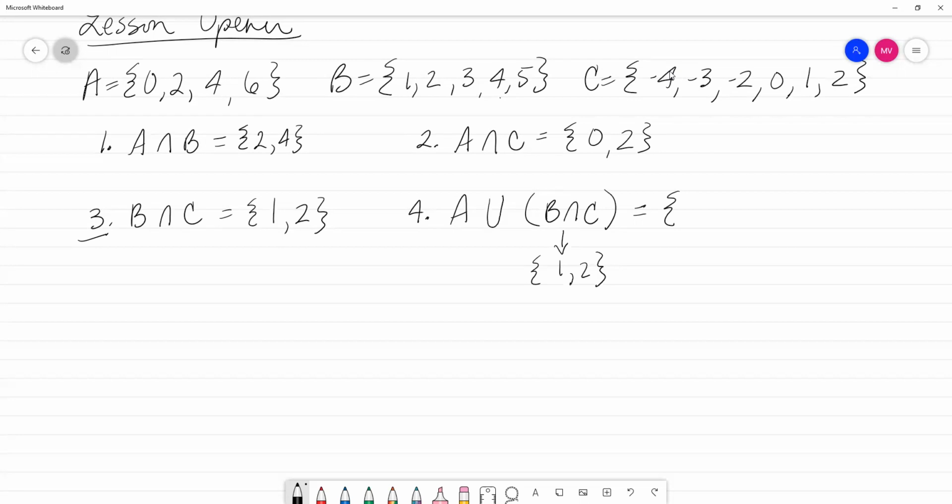Right. So between those two sets, A, which is 0, 2, 4, 6, and B intersect C, which is 1, 2, what would our new set look like? It's everything in both. Oh, so it'd be 0, 1, 2, 4, 6. There you go.